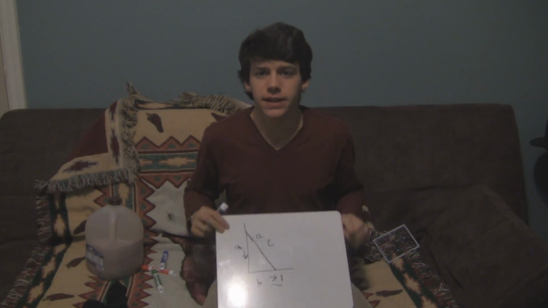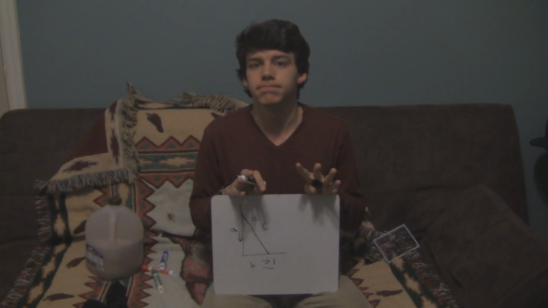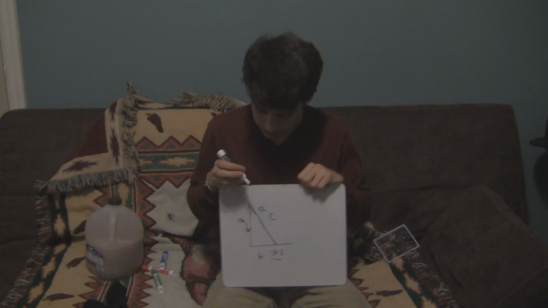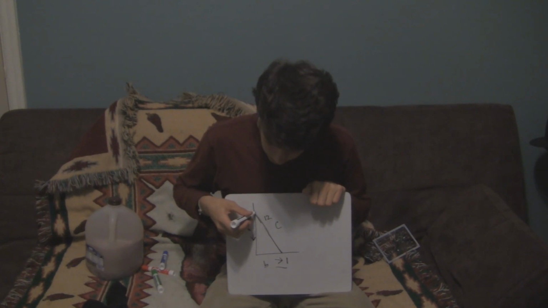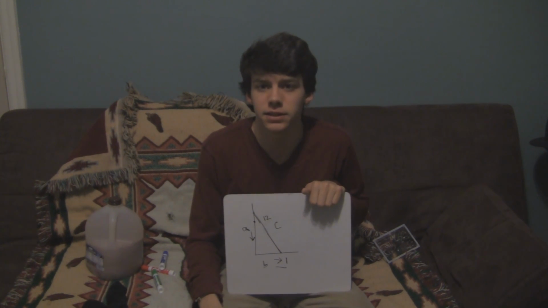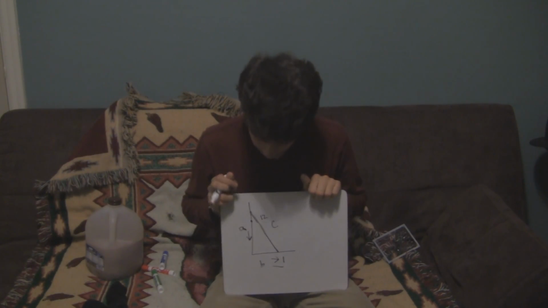What you're really trying to find in this is A prime, right? Makes sense? Because at any point of position as it's falling, the velocity at any certain point in time is represented by A prime, okay?